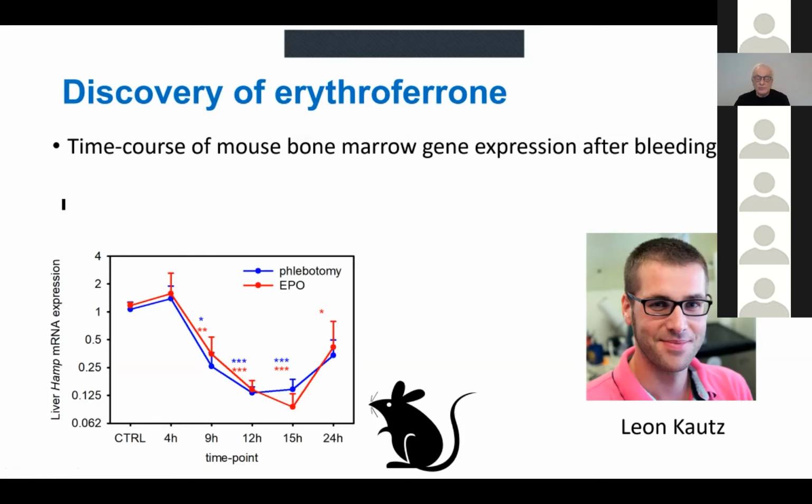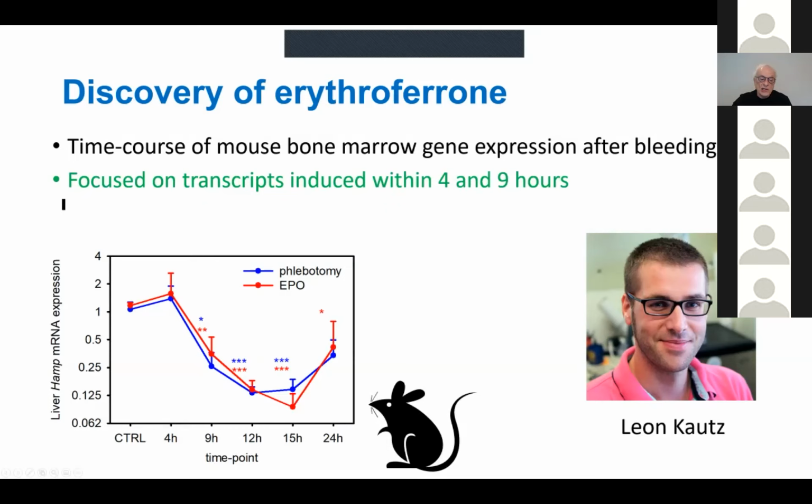And so we decided that we would look for something that has the opposite time course, a signal in the bone marrow that would essentially be the inverse of the signal, and that would begin to appear between 4 and 9 hours. And so we were looking for this green kind of a response.